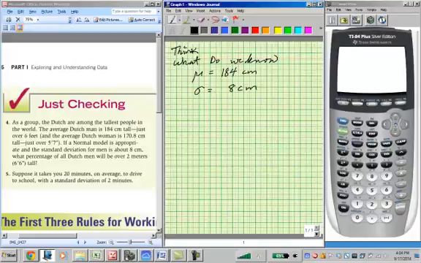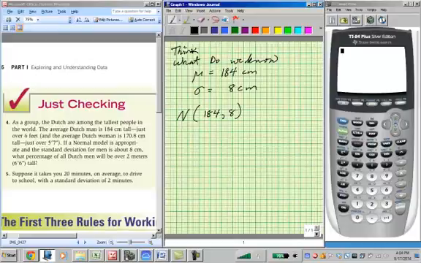And we're told that the distribution of Dutch men is approximately normal. So we symbolically represent the distribution as N(184, 8), with the capital italic N and then the mean and the standard deviation in parentheses.